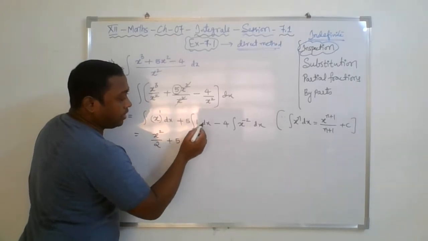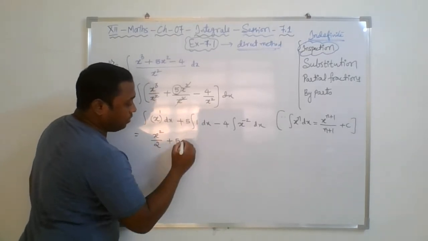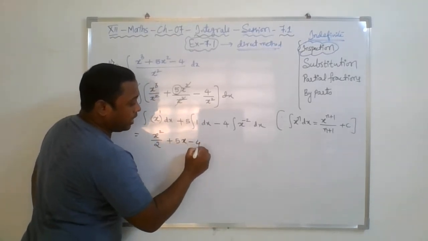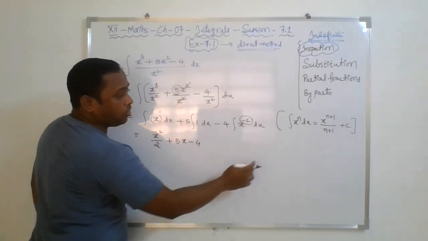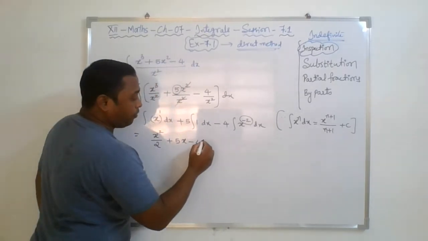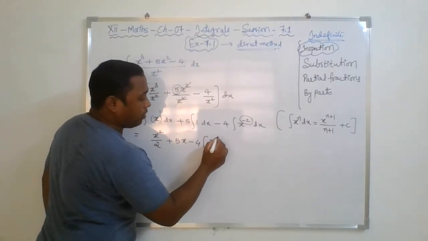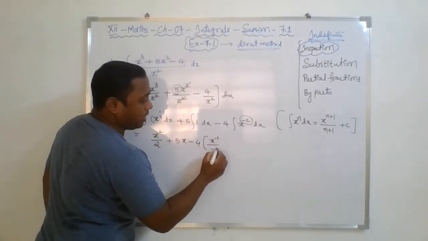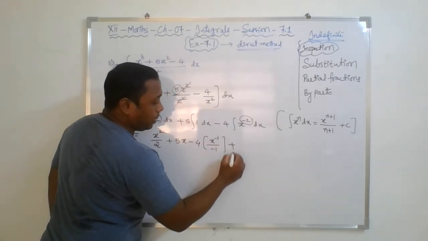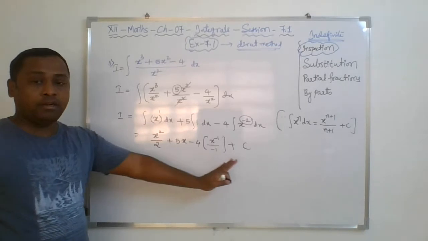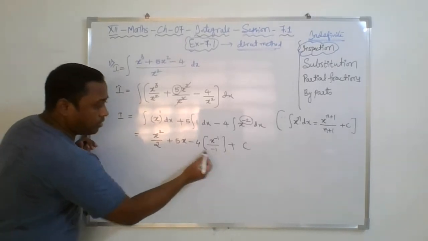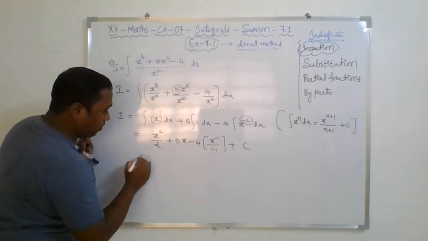Next, 5 into integral of 1, the integral of the constant 1 is x, and here if you apply the formula, n is minus 2, so you will get x to the power of minus 1 by minus 1 plus c. This is applicable for the entire function. Now just simplify one more step to complete the answer.